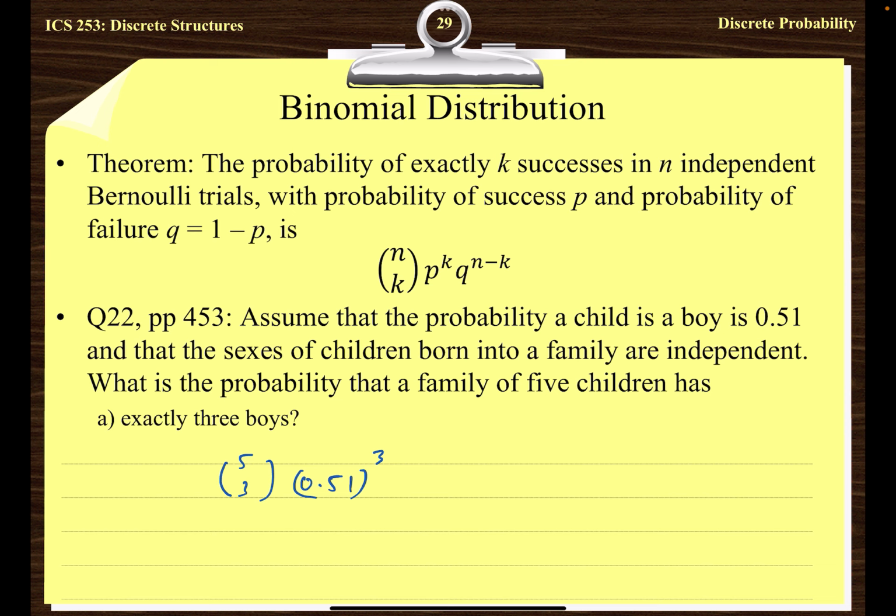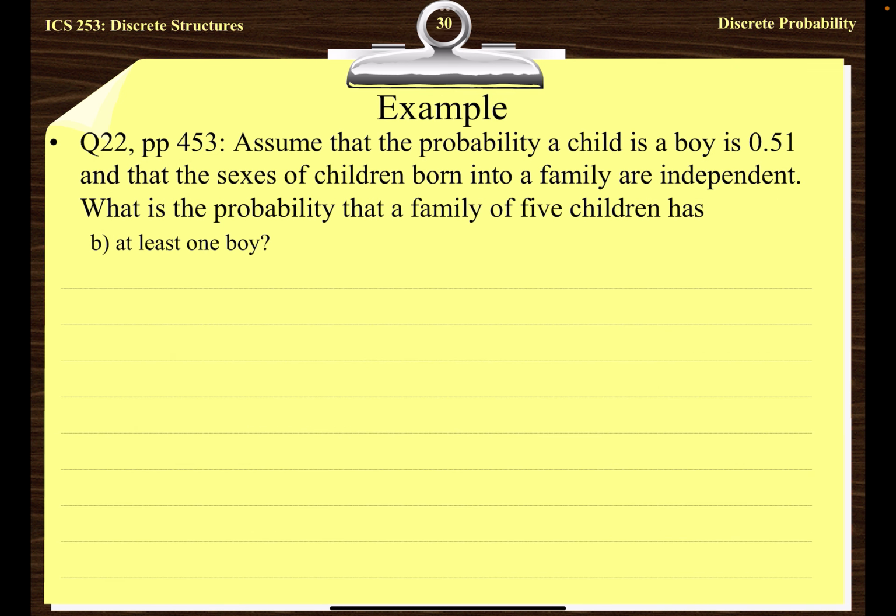Do you need a calculator? 0.49 to the power of 2. That's it. That's it. Okay. Who's going to give us this one? Exactly the same question. What's the probability of having at least one boy?